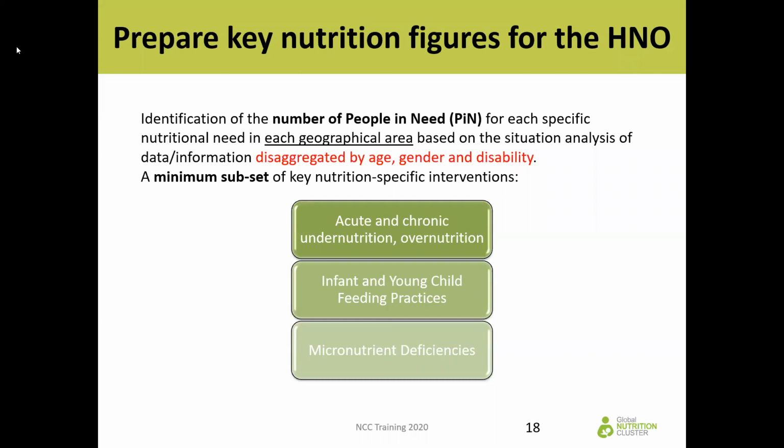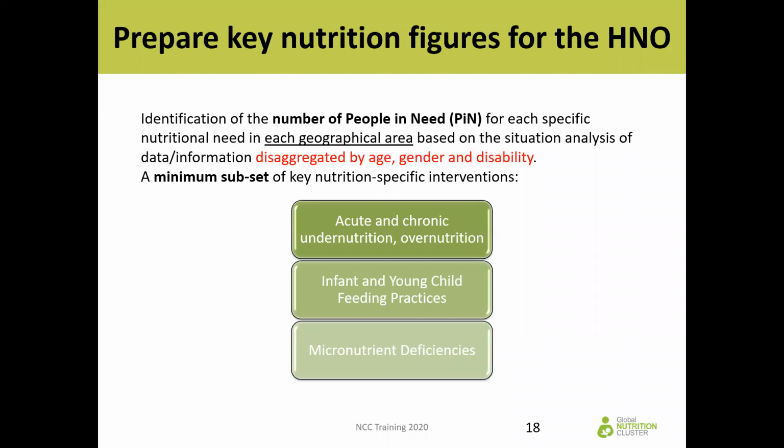So the number of people in need, so this PIN, right now the guidance focuses on how to calculate it per sector, so our sectoral analysis, but also upcoming, I'm working already on the addendum on how we can provide those contributions for the intersectoral PIN calculations.